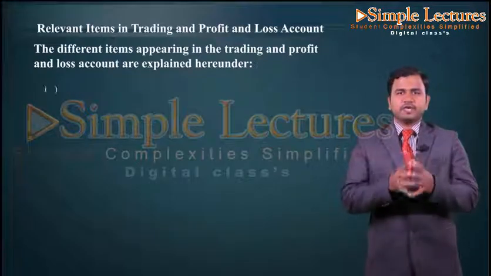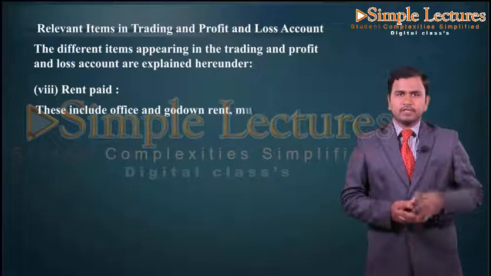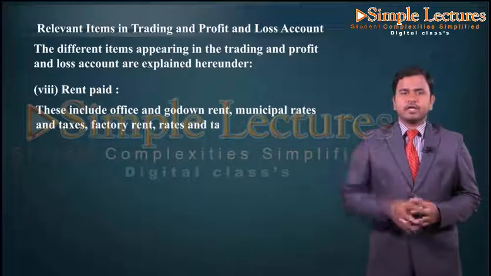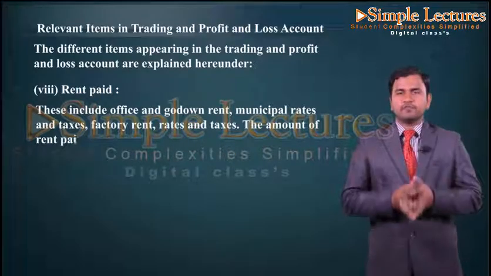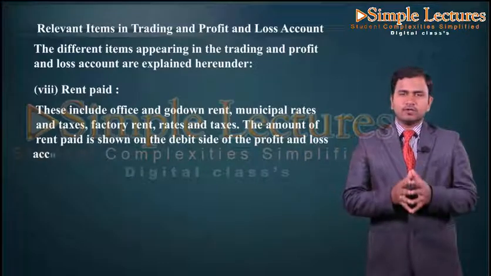Next we have rent paid. These include office and godown rent, municipal rates and taxes, factory rent and rates and taxes. The amount of rent paid is shown on the debit side of the profit and loss account.